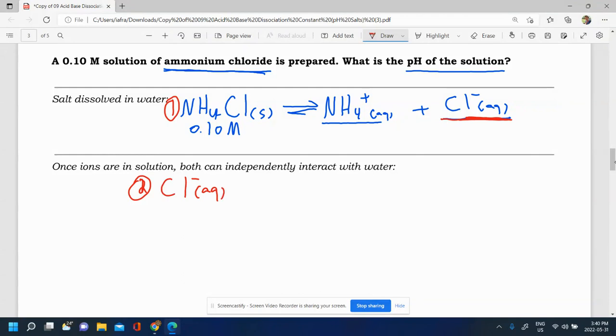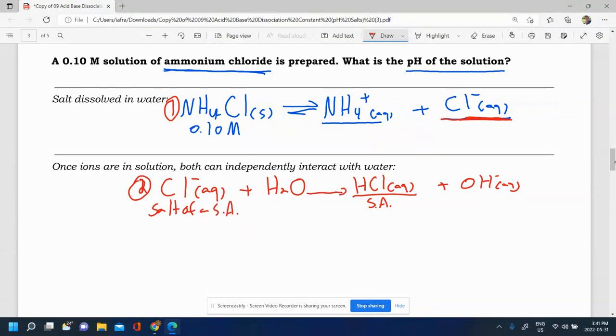Since that is negative, it's going to react with water and interact with the H plus. So it's going to be HCl, and then what's left over is the OH minus. But you'll notice that this over here is a strong acid. So what that means is that this part here is the salt of a strong acid.